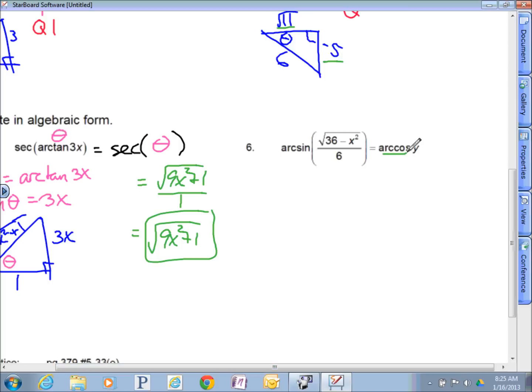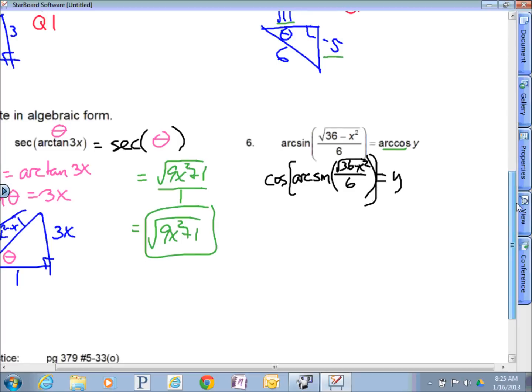If we do that, this y in the equation would be the same thing as the cosine of the quantity arc sine of the quantity root of 36 minus x squared over 6. And if you look at what we have right there, what we just did effectively is we turned the left side of this thing into problem number 5, which is right next to it.